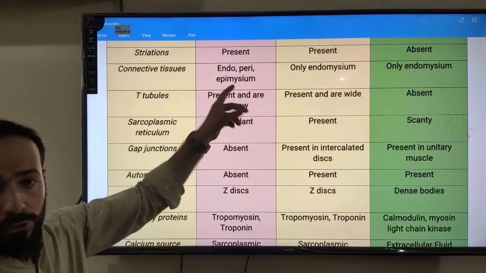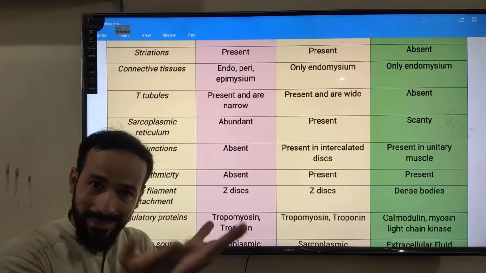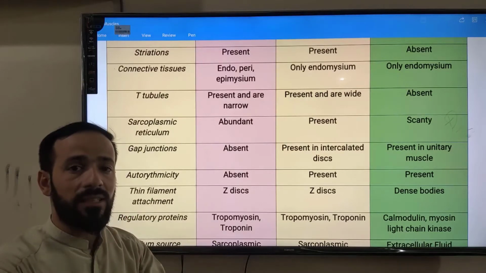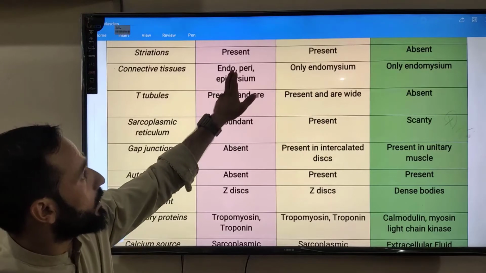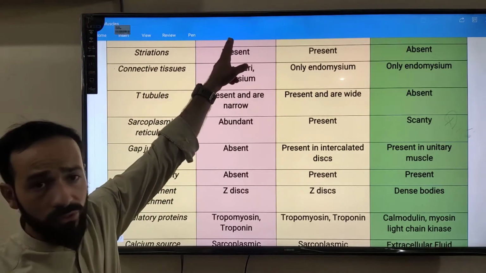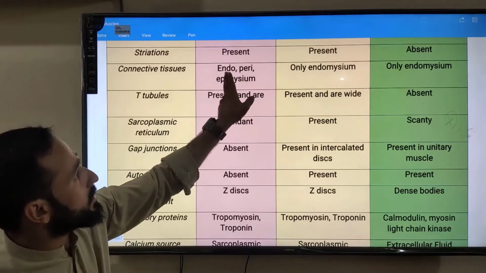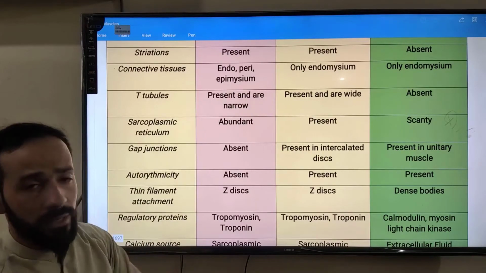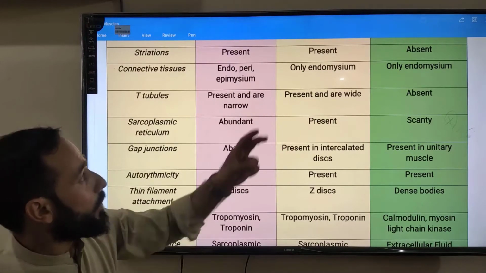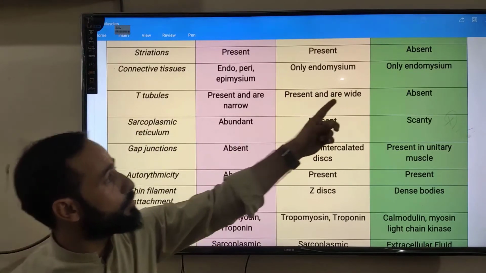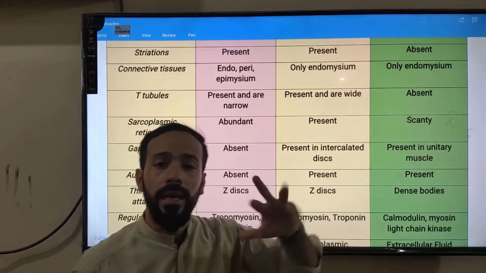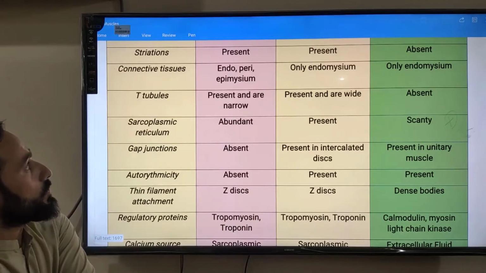All those were connective tissues surrounding the muscle, then the muscle fascicle, then the muscle fiber, or fibril. So skeletal muscles contain endomysium, perimysium and epimysium. About cardiac muscle, it only has endomysium, and about smooth muscle, it also has only endomysium, right? So this was the difference.